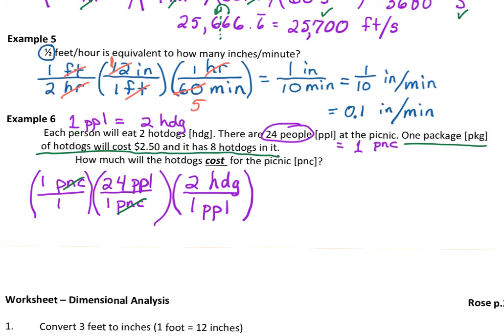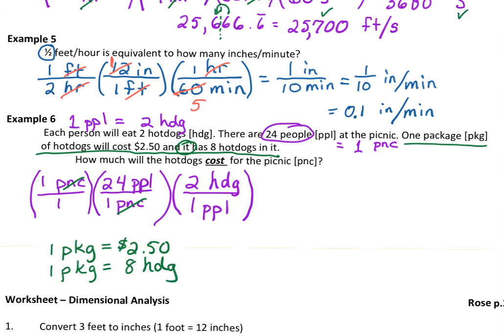Okay, so 1 package, 1 PKG, will cost $2.50. But that sentence also says, and it being the package, 1 package has 8 hot dogs in it, HDGs.